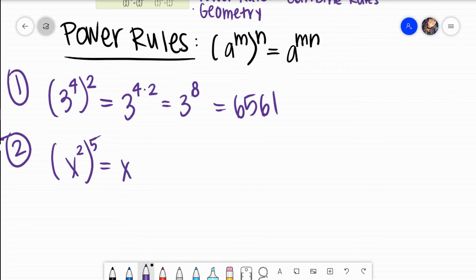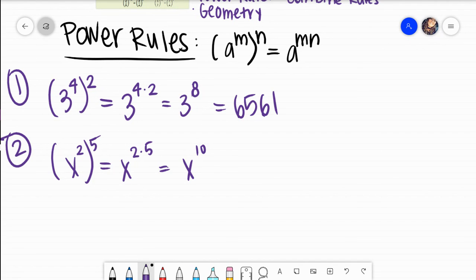What you do is you keep your base and you multiply your powers. 5 times 2 is 10. Here, of course, there's not a way to evaluate it as far as getting a numerical answer. X to the 10th, that is simplifying it. That is evaluating it. That is as far as you can go with it, correct? There's not any mathematical way to get a numerical answer here, okay?